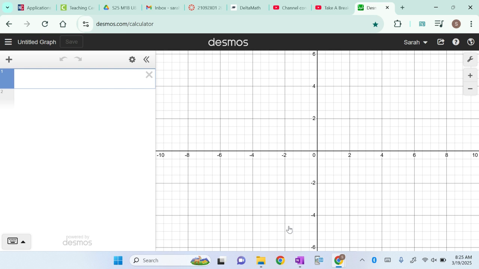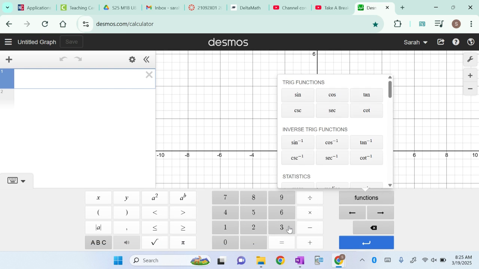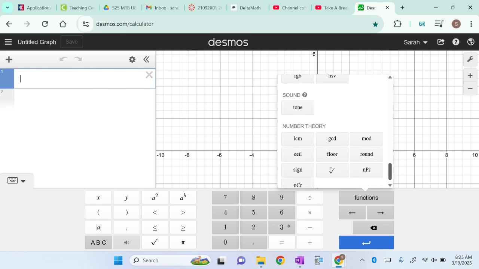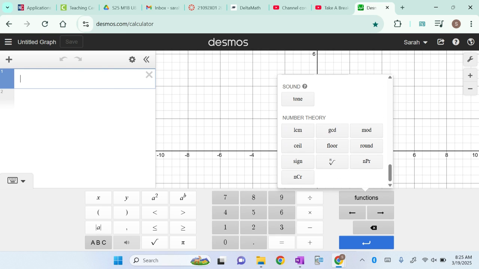So all you do is hit the keyboard and go to functions and scroll all the way down until it says number theory. Then click the one that says GCD, the one on the very top row in the middle. GCD stands for greatest common denominator, which is the exact same thing as a greatest common factor.